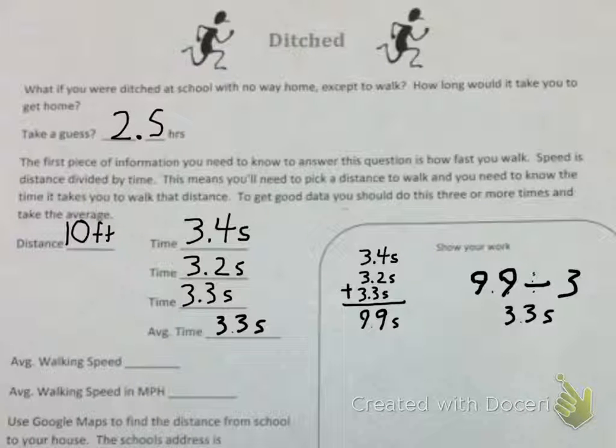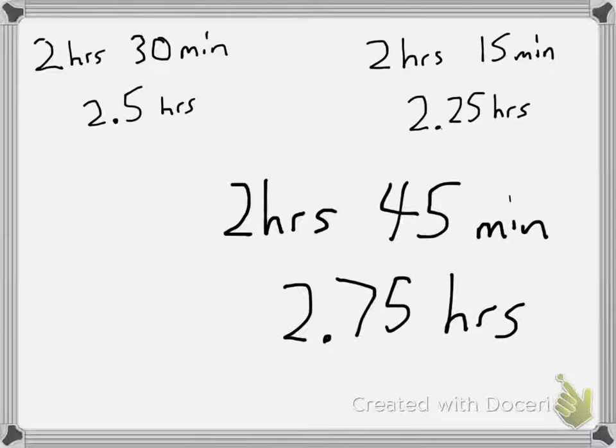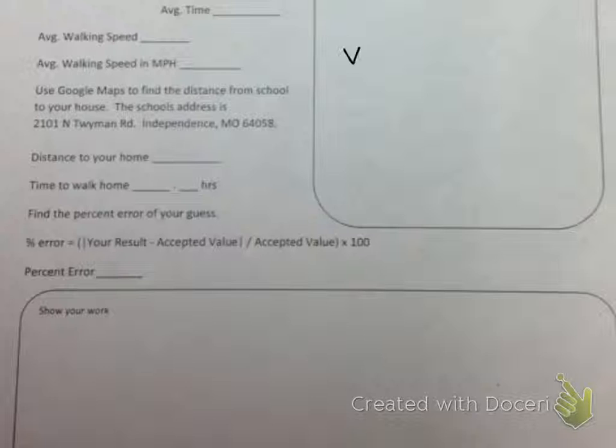And so I'm going to use the equation V equals D over T. And so I have both my distance, which was 10 feet, and I have my time, which was 3.3 seconds that I walked the 10 feet. And so that gives me a velocity of walking speed, or how fast I can walk, of 3.0 feet per second.